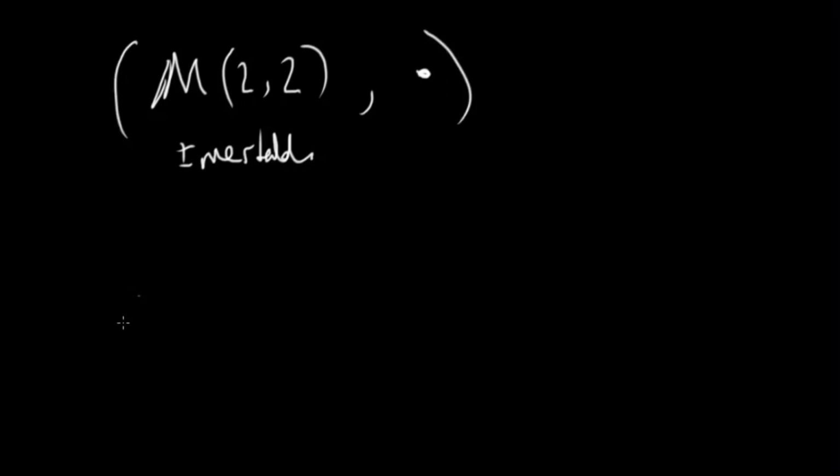Is this a group? I will leave that for you to determine. The hardest part about this is showing that the product of two invertible matrices is also invertible. But once again, I'll leave that for you to figure out.